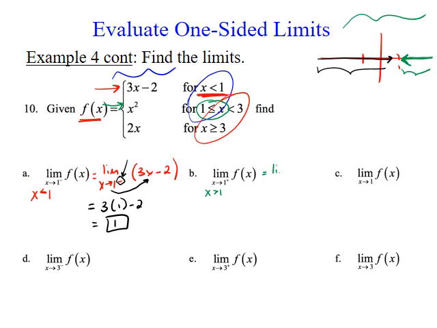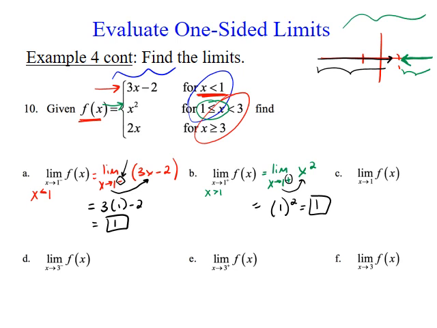So I'm going to be analyzing the limit as x approaches 1 of x squared. Once again, I can use direct substitution. This symbol doesn't mean anything at this point, so I'm going to plug in 1, and I have a limit of 1.